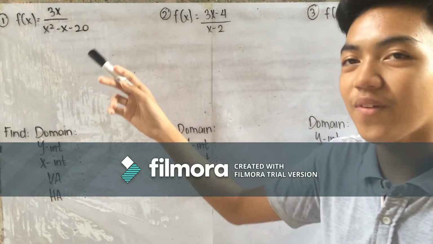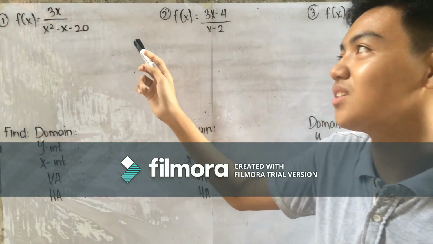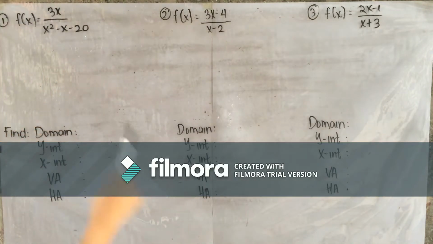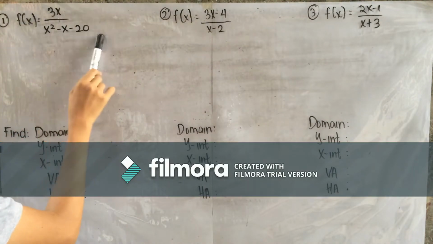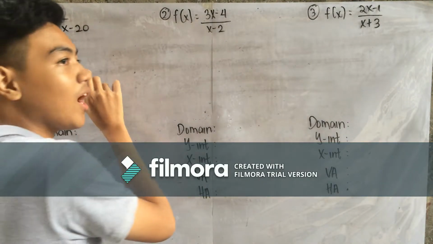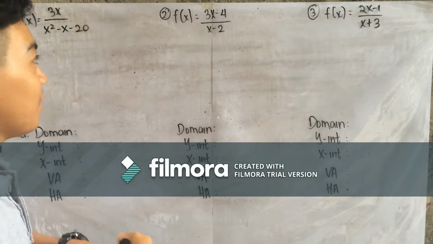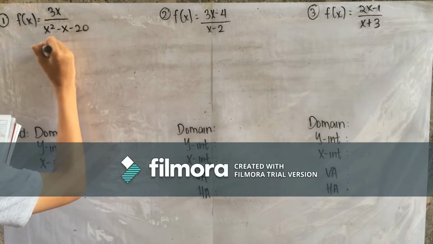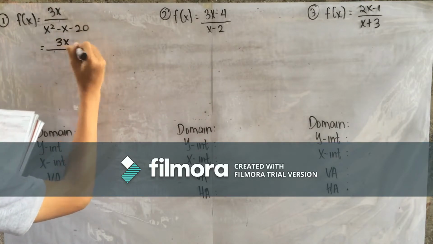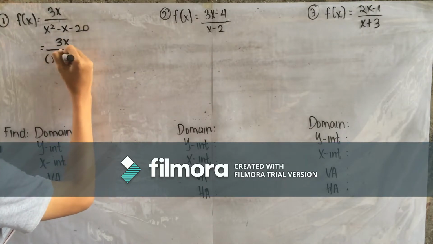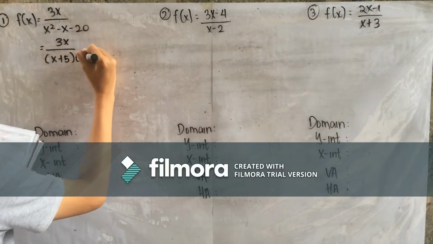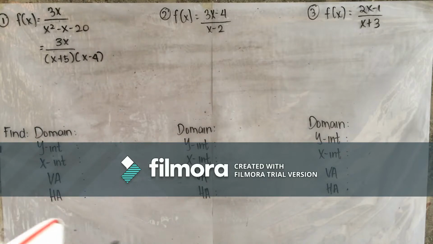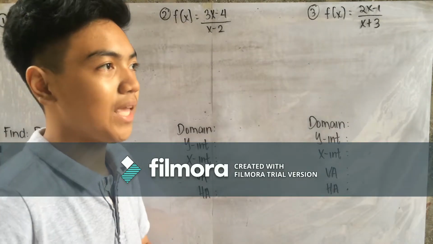First is f of x equals to 3x all over x squared minus x minus 20. So, as you can see, kailangan mo pang i-factor out itong denominator. So, kung i-factor natin siya, magiging 3x over x plus 5 times x minus 4. So, dito, makukuha na natin yung domain.